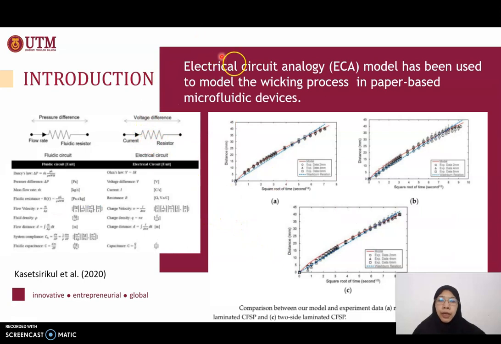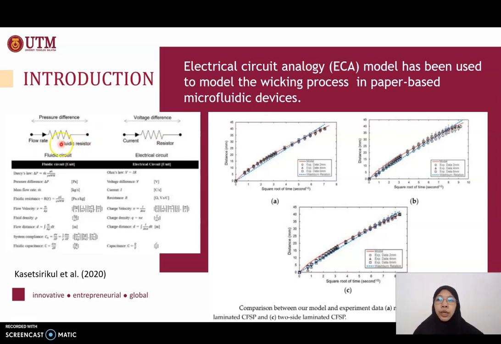In other research, they made an electrical circuit analogy model and compared it with the theoretical Lucas-Washburn equation and with the experiment. The electrical circuit analogy is very common in fluid mechanics. It has been used previously in a tube, in a microchannel, in a pipe.